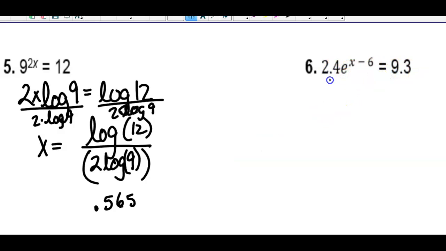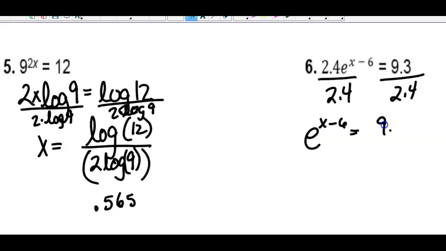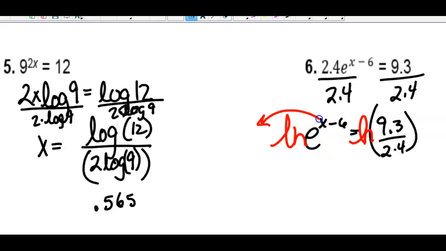All right, this is very similar. You're dividing first to isolate, and then whatever this is, I'm not even going to bother to type it yet. And then to get rid of the ln, you're going to take the natural log of both sides. And this will come out in front.